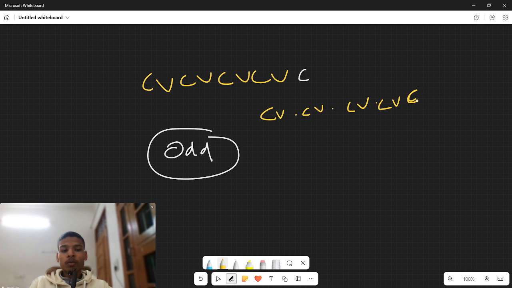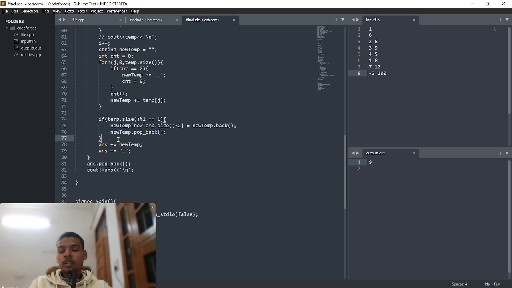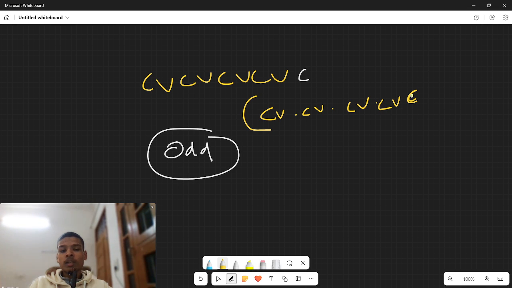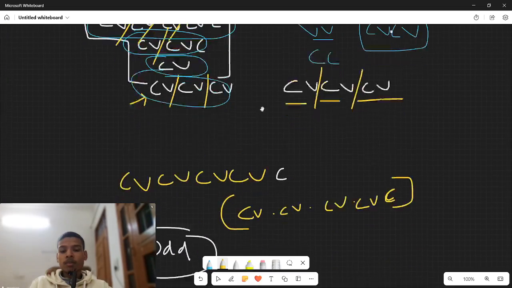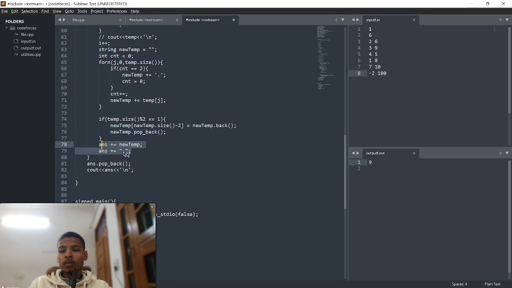By doing this, you can observe my last dot is removed, and my last dot is good. And by processing this independently for the two CVs, I simply concatenate into my final answer and print it.